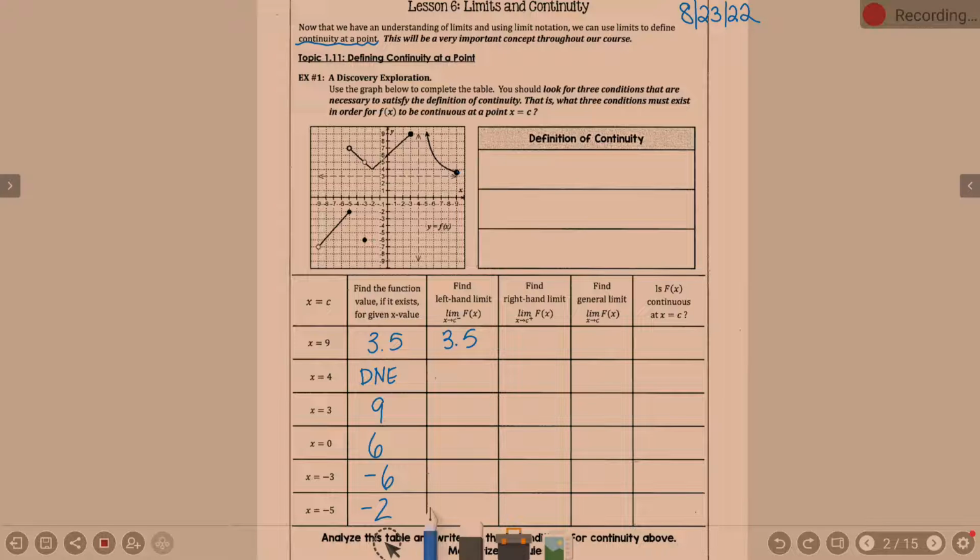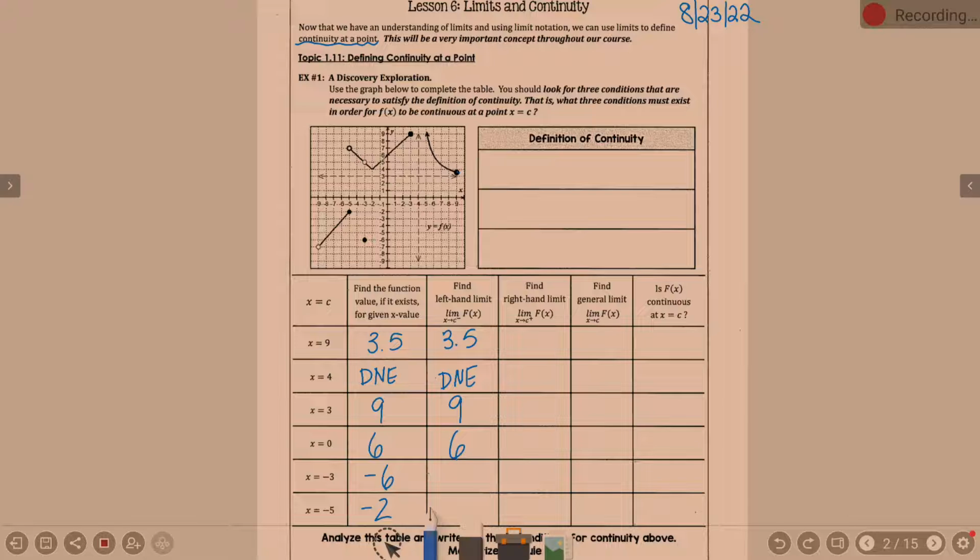No. So we're going to say DNE, because the graph doesn't go past 3, so the graph is never approaching 4 from the left. As x approaches 3 from the left, there's your 9, yes. As x approaches 0 from the left, there's the 6.